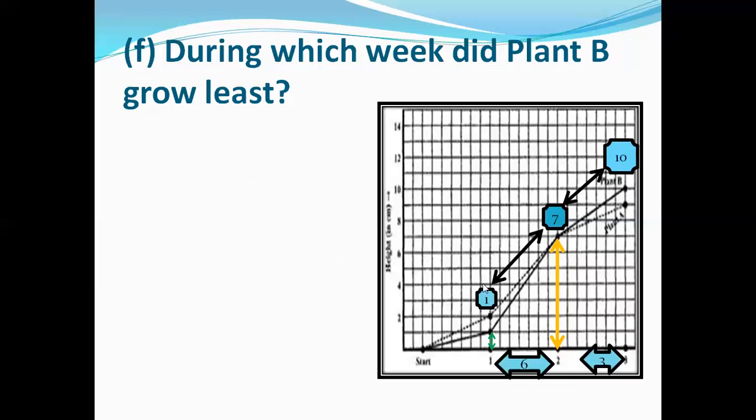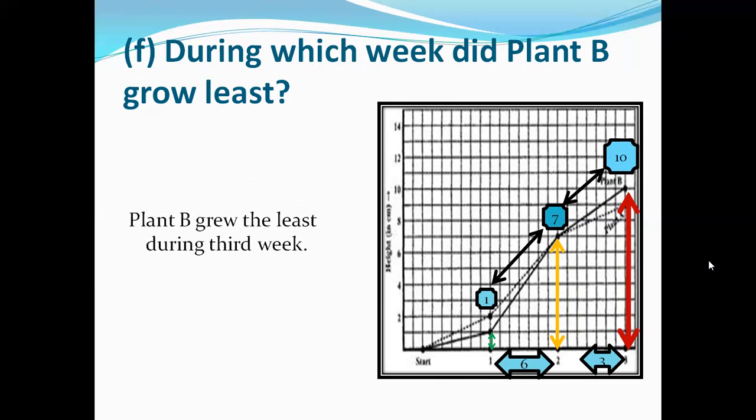Now this one, subtracting, you get 6 centimeter. So now you can see that plant B grew the least during the third week alone, because it increased by only 3 centimeter, but here it increased by 6 centimeter. So plant B grew the least during the third week.